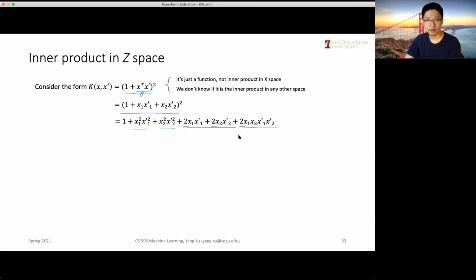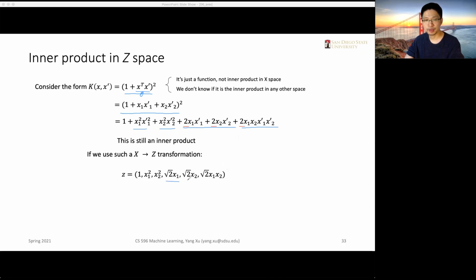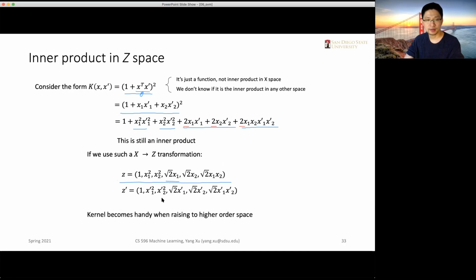If we observe the coefficients here, this is still actually an inner product. If we use such a transformation, like if we let Z equal 1, x1 squared, x2 squared, square root of 2 times x1, and so on, then if we compute the inner product between Z and Z prime, we will get exactly this form.